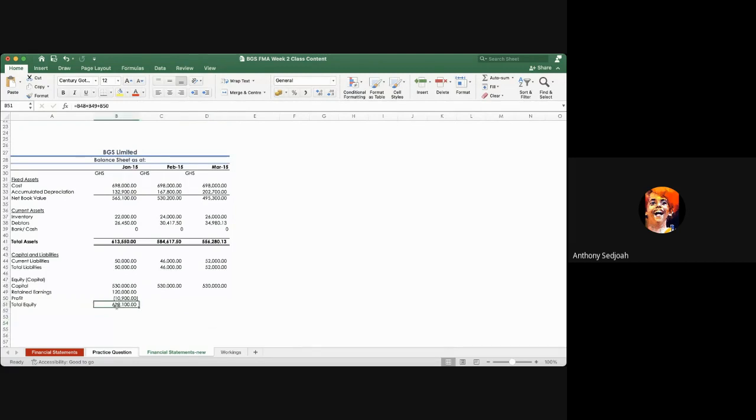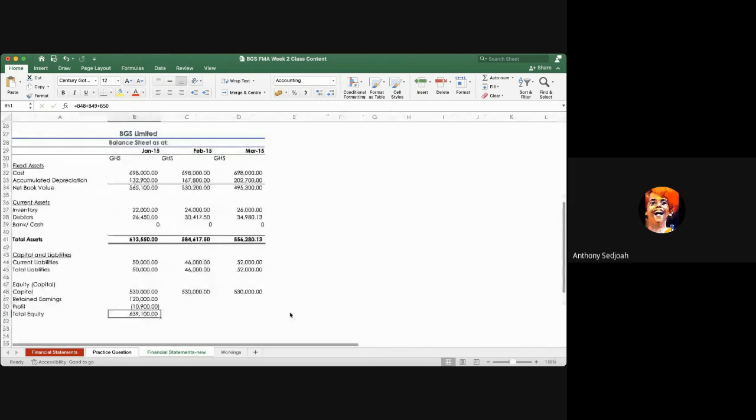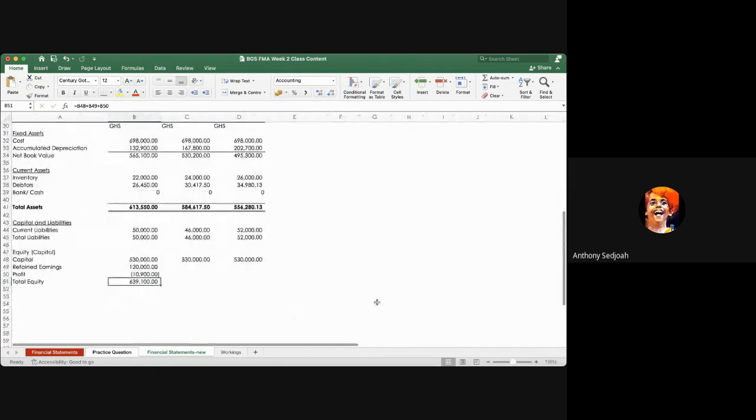Who knows the formatting to apply to this cell to indicate that it is the summation of the three numbers above? Charles. Hello, sir. So I'm saying that this 639,100 is a summation of the numbers above.